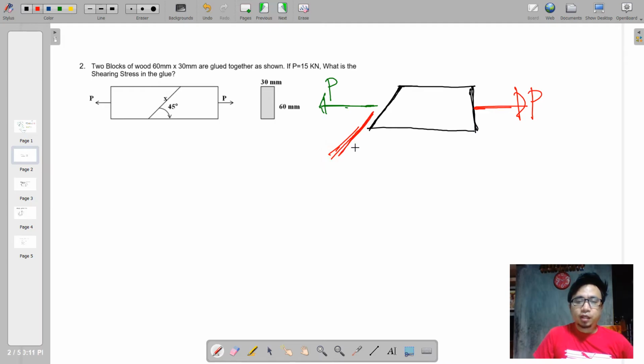Say I'm going to label this as V. Okay, so remember that P here is your mother force and V is just a component of your mother force, and therefore all we have to do is to draw a perpendicular force on that V, so that will be the other component. Okay, so this is the other component.